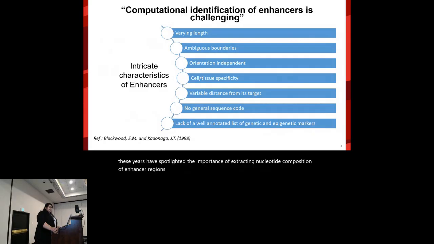Though these models were good, they failed to learn the actual sequence context of this region and performed suboptimally. We hypothesize that building a model which can actually understand the DNA context of these regions will be helpful in unraveling the clinical significance of enhancer regions.